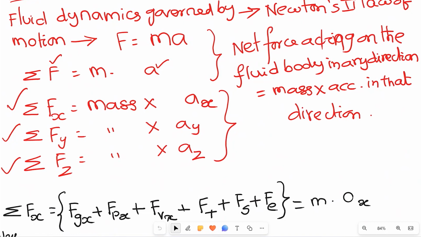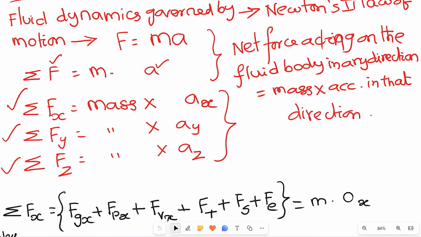To be precise, the net force acting on the fluid body in any direction is equal to mass into acceleration in that direction. If you take x, y, z directions, then sigma Fx, which is the net force in the x direction, is equal to mass into acceleration in the x direction. That's how we consider it in the y and z directions also.